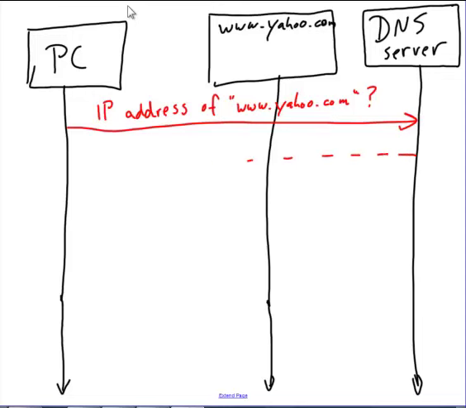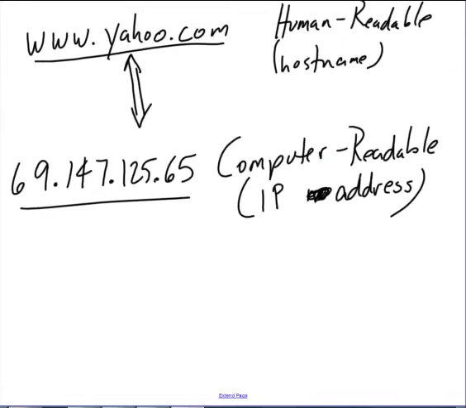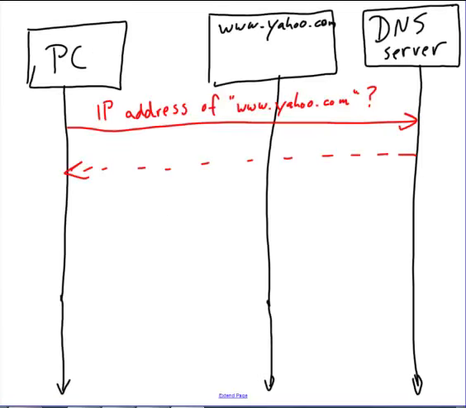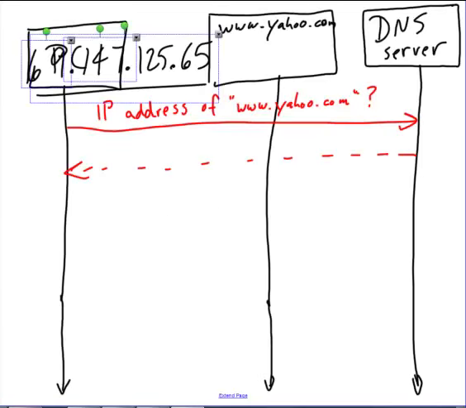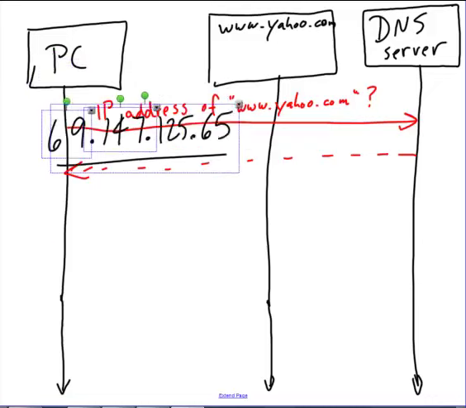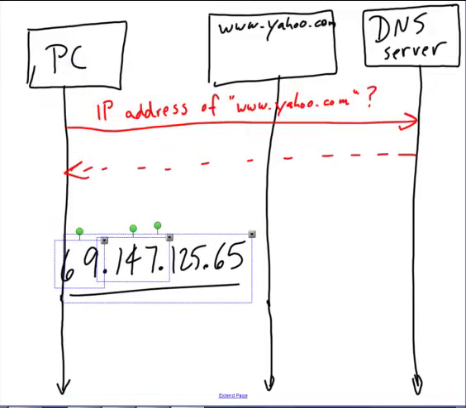And that DNS server is going to give us a response back. In this case, it's going to be that IP address. I'm going to shrink down a little bit.